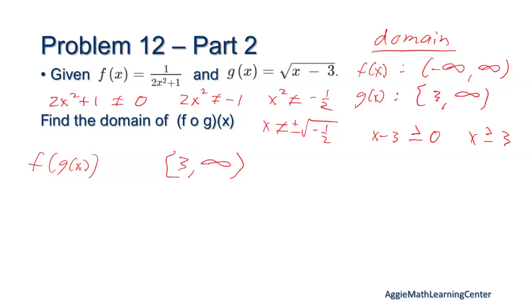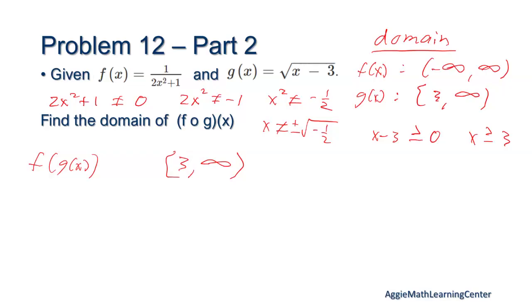If f of x had restrictions, then you would have to figure out where g of x is equal to those restrictions, and then you would solve for those. And that's when it becomes more complicated, but they won't usually give you 2 of them that'll have restrictions.